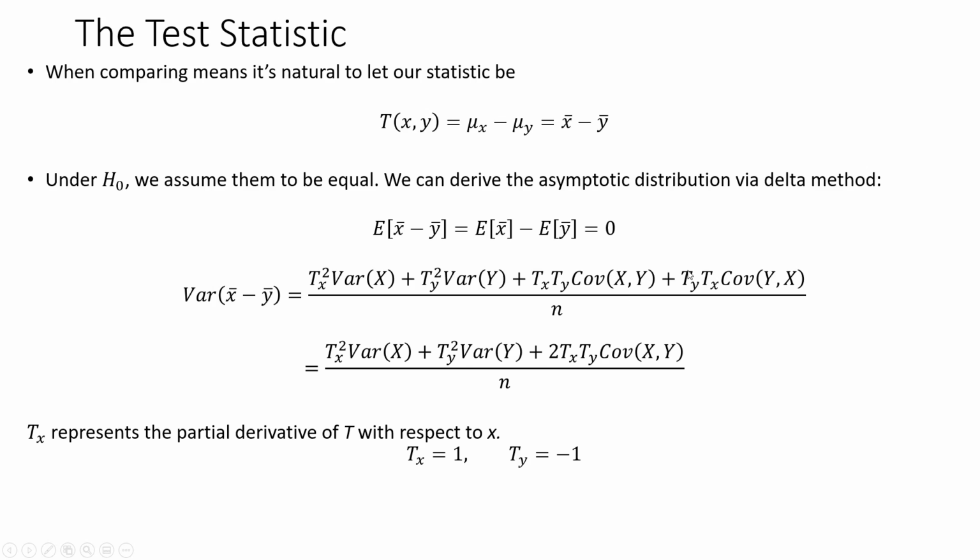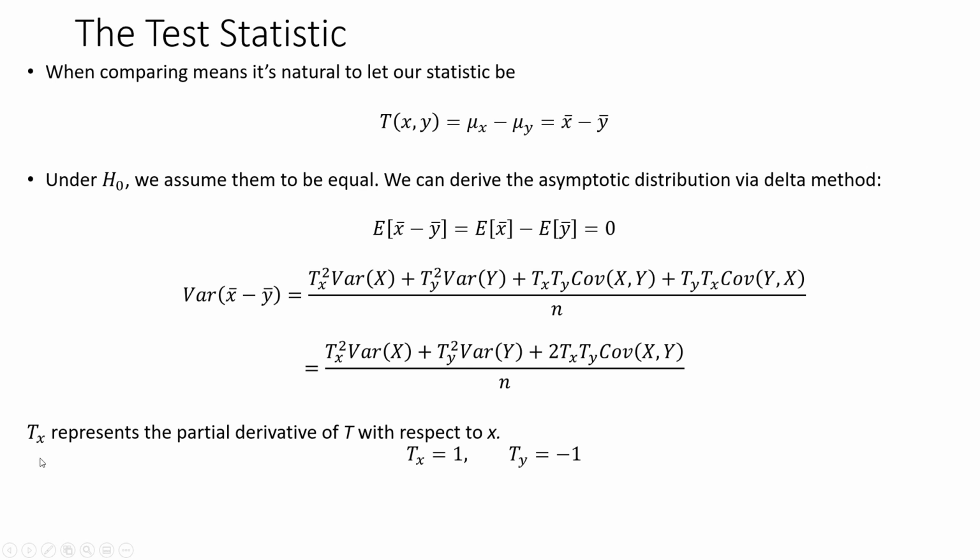And of course, you could probably notice that these two things are equivalent, and so I just reduce this to 2 times tx ty covariance. And of course, this is over n, which is our sample size.